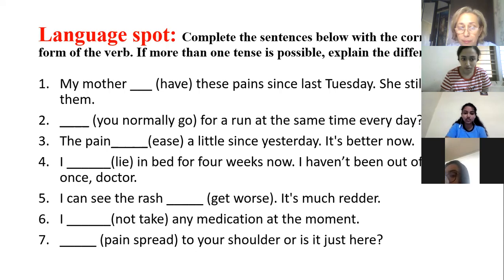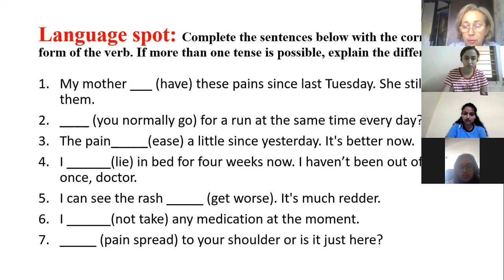For the present simple tense, there are two auxiliary verbs which are used in questions: do or does. Pain is third person singular. It needs s. So we should use: does the pain spread to your shoulder or is it just here? You see? Okay. Thank you.